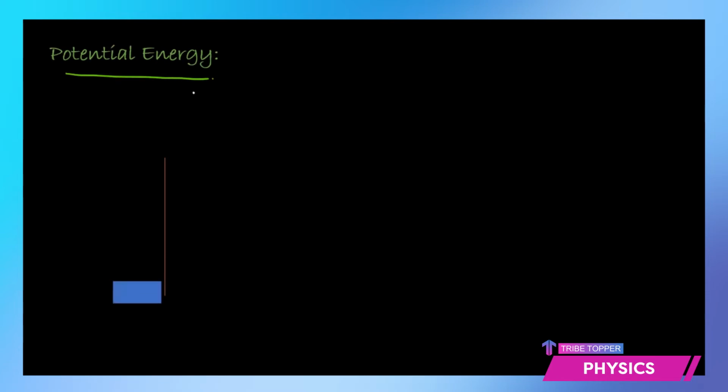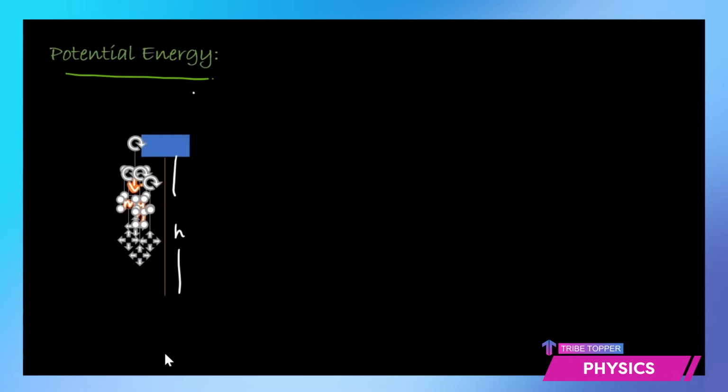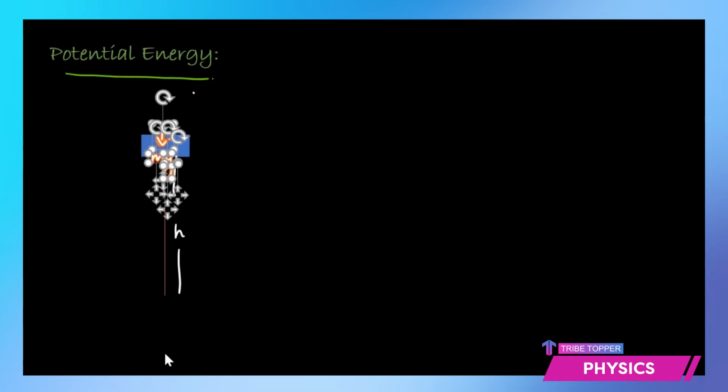Let's say we have a wall of height h, and here is a block of mass m, with weight mg, lying here. Now I want to pick this box, lift it up and keep it here. So what force do I need to apply? I am going to apply a force equal to the weight of the object, right?